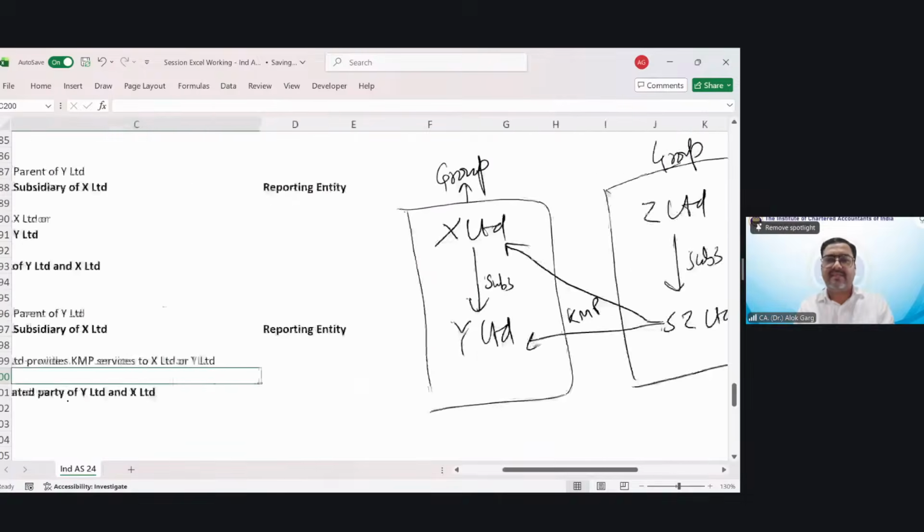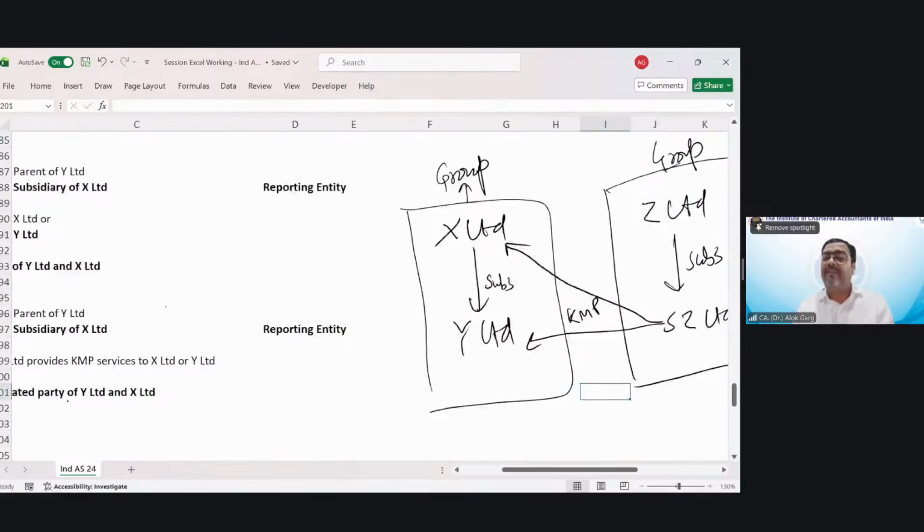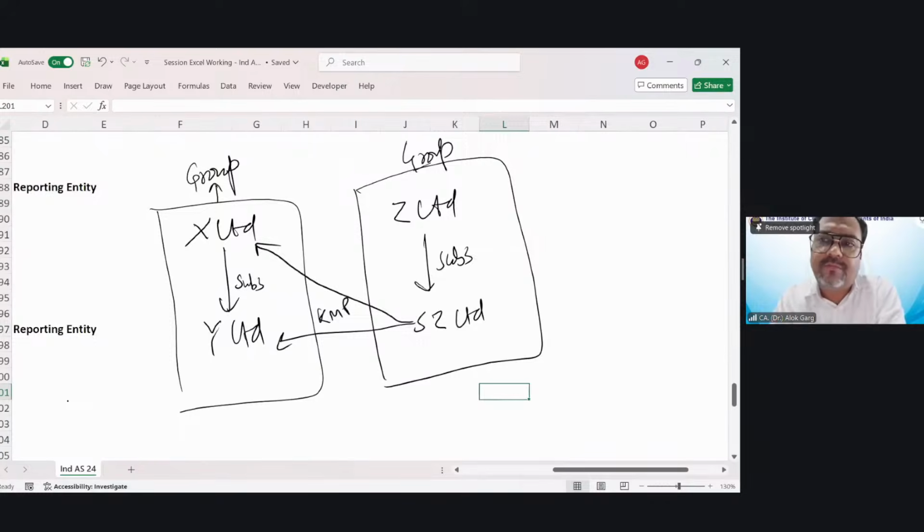So in this case, Z Limited and SJ Limited will become related party to Y Limited and X Limited, right? In the last case, what we have seen, Z Limited was providing the KMP services to either X or Y. For example, if Z Limited was providing KMP services to X, it will become a related party to X as well as Y. If Z Limited is providing KMP services to Y, it will become a related party to X and Y, right?